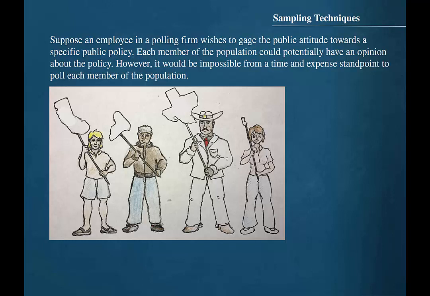In order to achieve this close approximation, established sampling techniques are employed. These sampling techniques are designed to eliminate bias. Information obtained from a statistical sample is said to be biased if the results from the sample are radically different from the results of a census of the population.